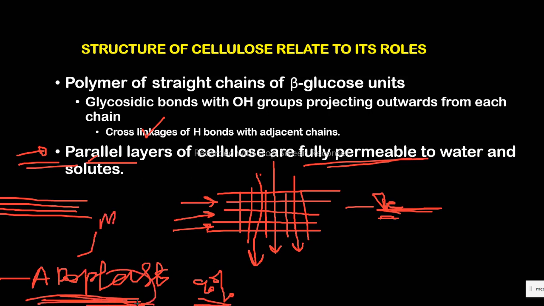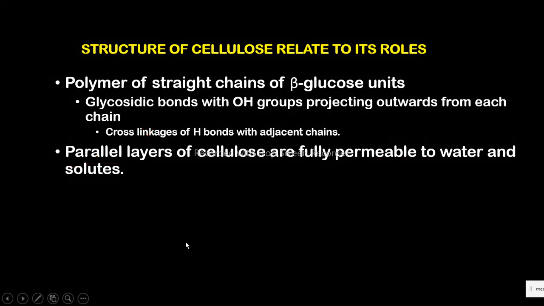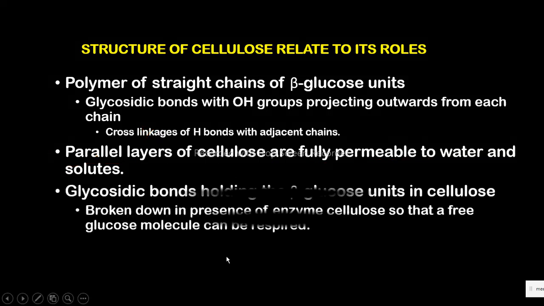Why the apoplast? Because the cell wall is fully permeable to water and dissolved solids. And so what does that imply? It implies that materials will fully move across. We talked about this, which was brilliant.